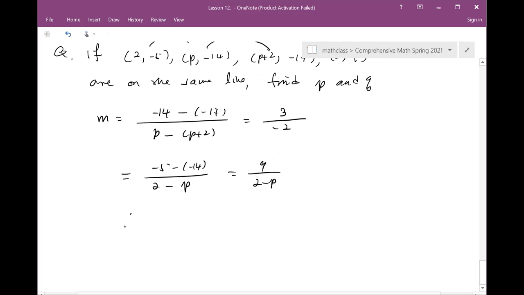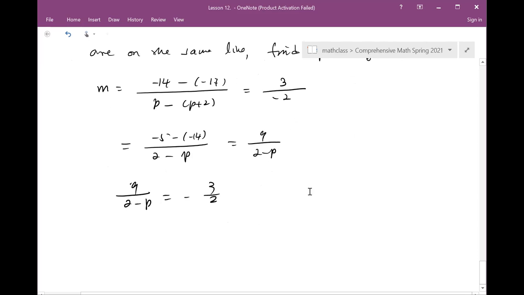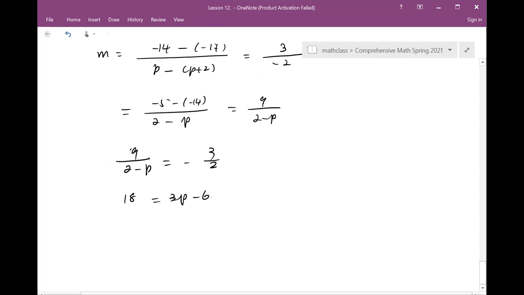So 9 over 2 minus P equals -3 over 2. Let's do the computation quickly. So 18 plus 3P equals 3P minus 6. Okay. So P is going to be 8. So 24 divided by 3, so it's 8. So that is value P.